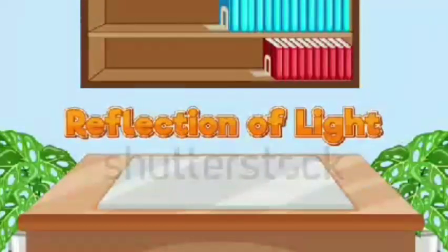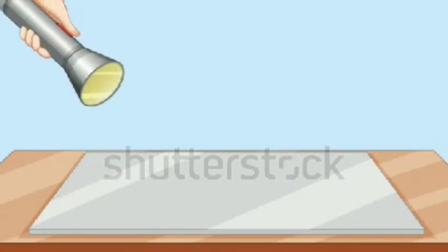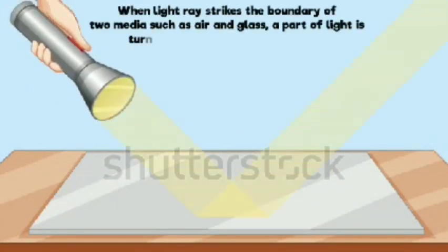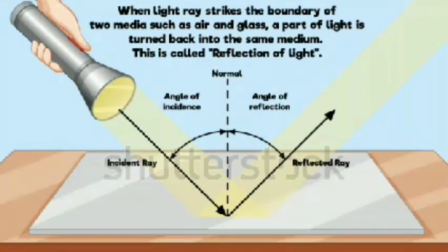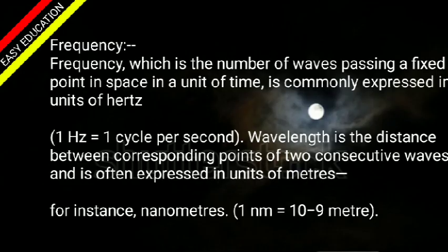Any given beam of light has specific values of frequency, wavelength, and energy associated with it. Frequency, which is the number of waves passing a fixed point in space in a unit of time, is commonly expressed in units of hertz. 1 hertz is equal to 1 cycle per second.